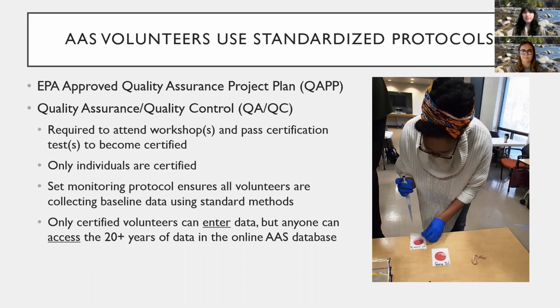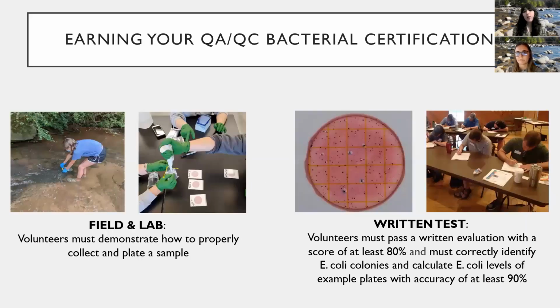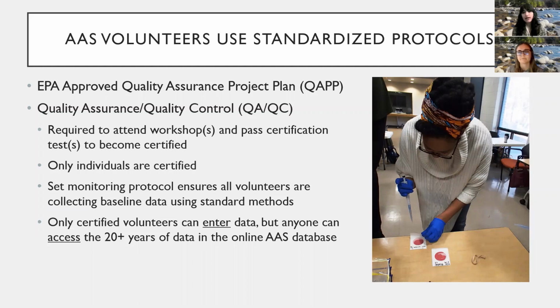AdoptAStream has an EPA-approved Quality Assurance Project Plan, or QAPP. The QAPP lays out all of the details for quality assurance and quality control, or QAQC, protocols. These QAQC protocols simply give every monitor, every volunteer, a standard to abide by when they're monitoring.